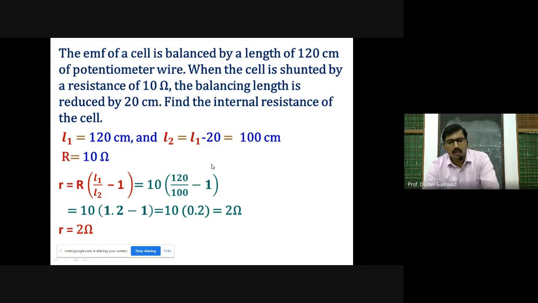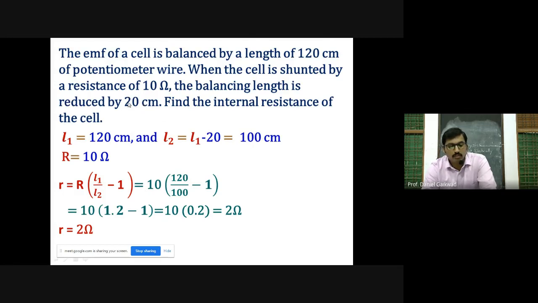So the problems are very easy, and such type of problems are asked in board exams, and in CET, JEE and NEET also. The only thing is that sometimes we make mistakes. Here the important part: balancing length is reduced by 20, and sometimes we take L2 as 20. In that case we make a mistake in noting down the length.